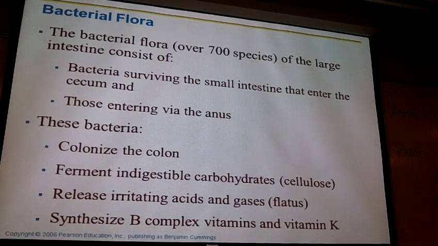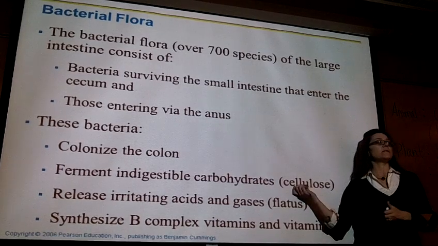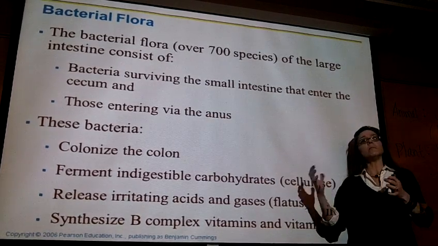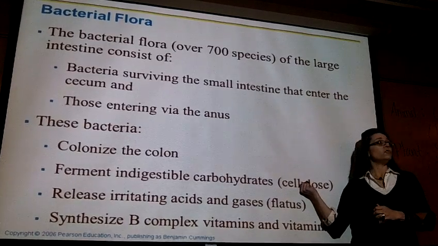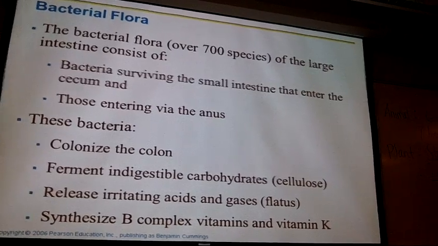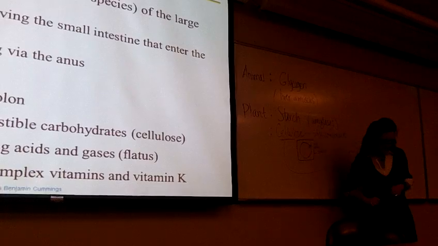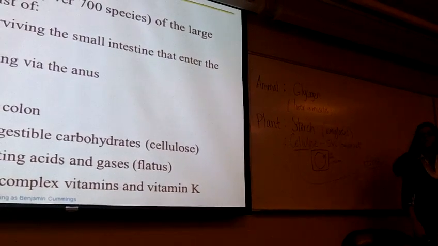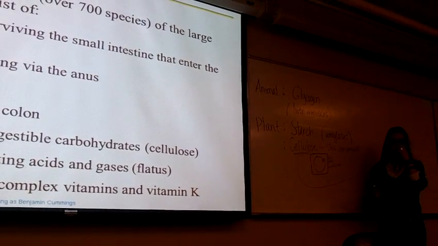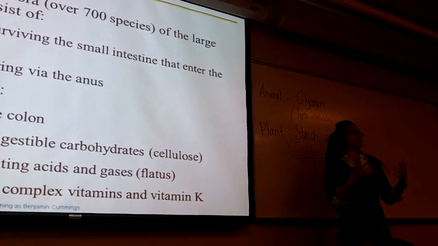Now, other animals, like cows, they do have the enzyme to break down cellulose. So some animals can get nutrients from cellulose. We as humans can't. We only get nutrients from starch and then from glycogen. And obviously when you eat any kind of animal product, most of what you're getting is going to be proteins.